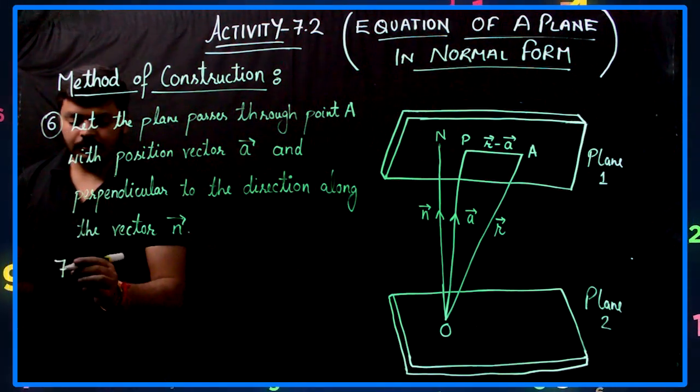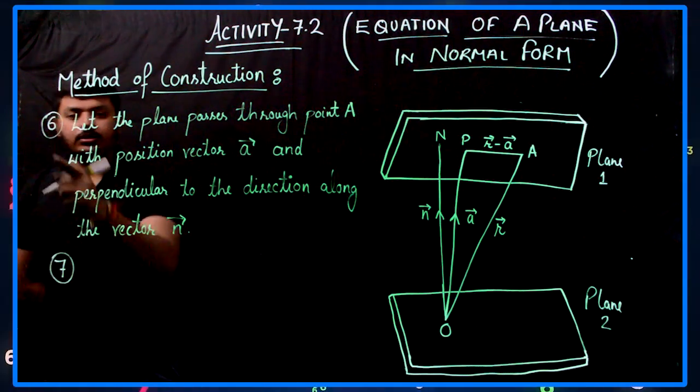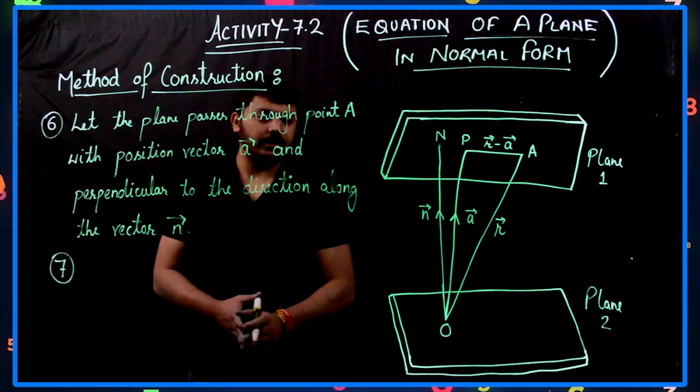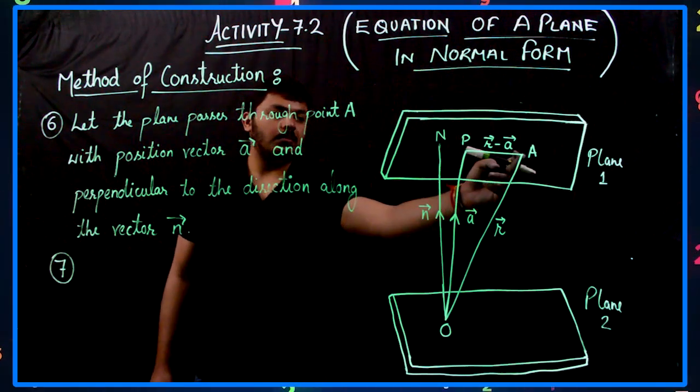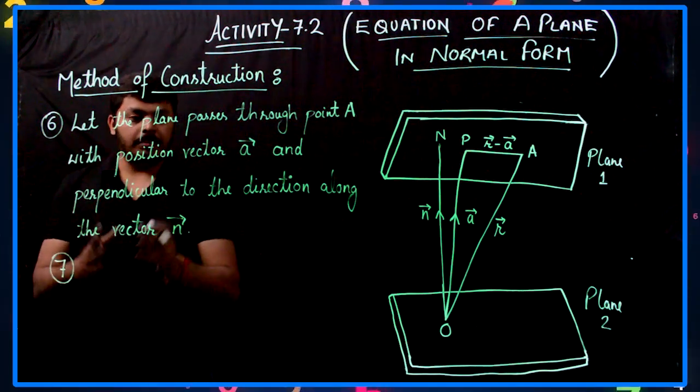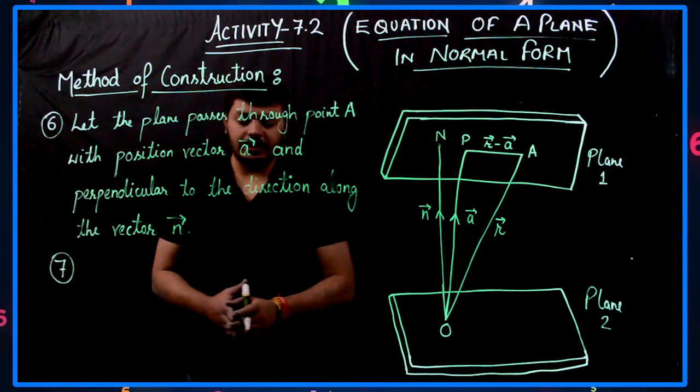So in step 6, let the plane pass through the point A with position vector A and perpendicular to the direction along the vector n.